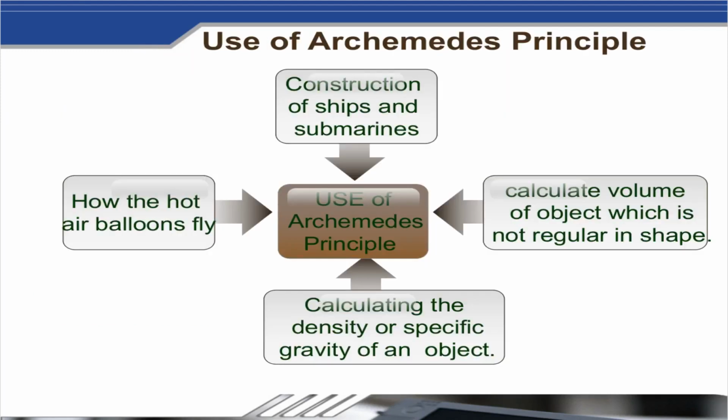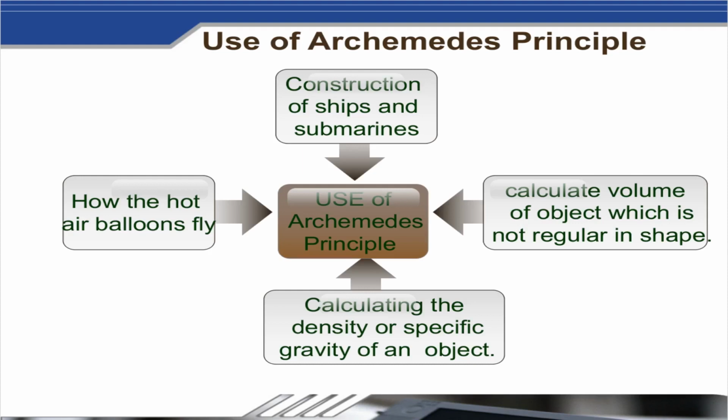Now we see the uses of Archimedes principle. This principle is used for the construction of ships and submarines. It is used to calculate the volume of an object which is not regular in shape. Third, it is used in calculating the density and the specific gravity of an object.